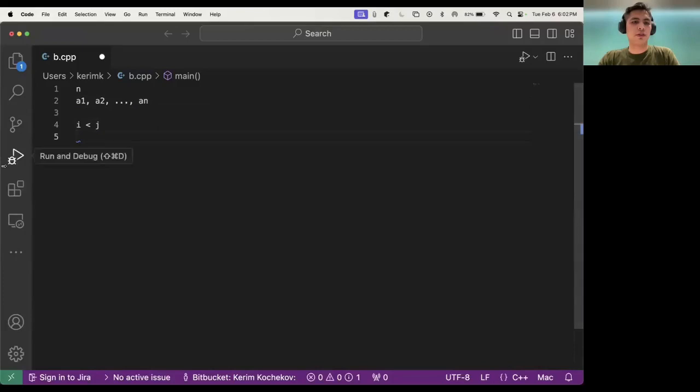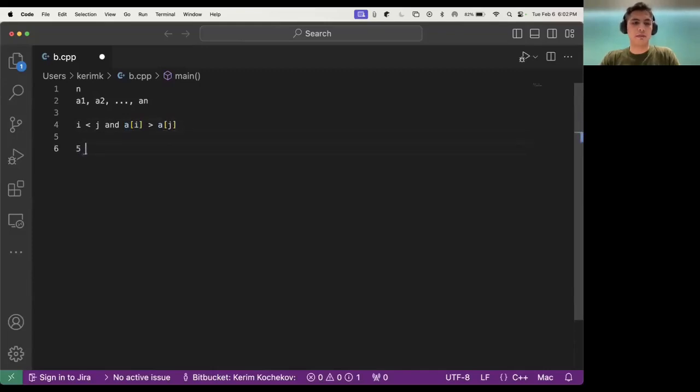We call it an inversion if there is the following inequality: we count the number of pairs i and j such that i is smaller than j, and the value of A in the ith position is bigger than the value of A in the jth position.